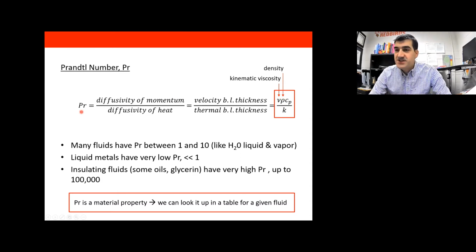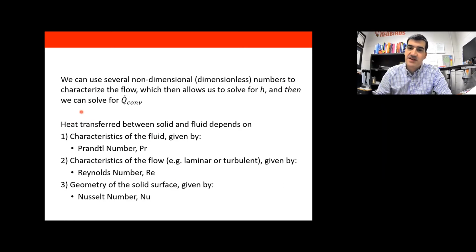One thing I didn't mention before, let me go back actually: with these numbers right here, the Prandtl number and the Reynolds number and the Nusselt number, as it turns out, all three of these numbers are non-dimensional. They don't have any units. It says it right here. They're non-dimensional, dimensionless numbers.